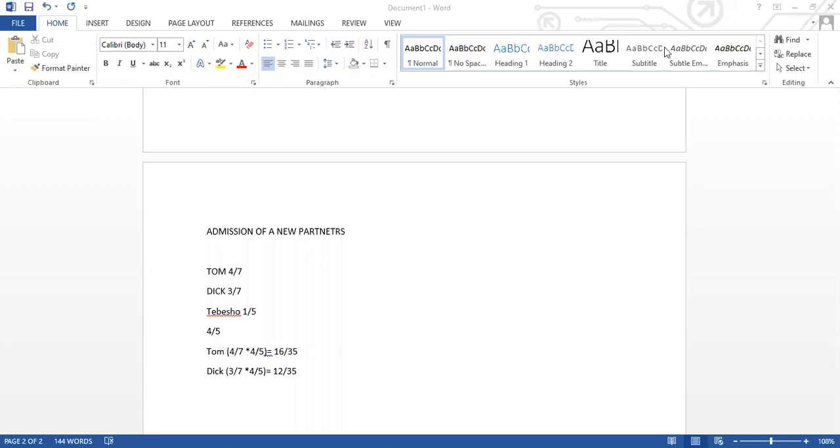So we continue with the admission of the partner with the activity that we're doing. We calculated their profit sharing ratios. We said now the ratio will have 7/35.